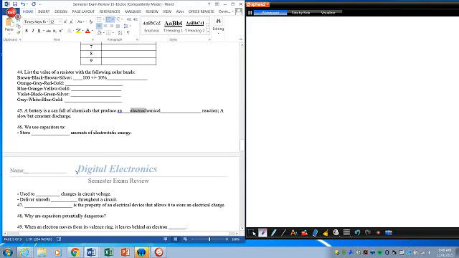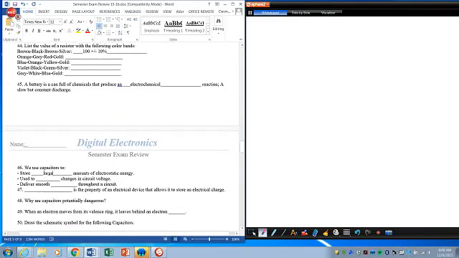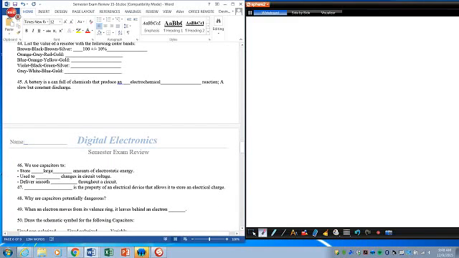Okay, next one, capacitor. We use capacitors to store large amount of electrostatic energy used to prevent or reduce changes in circuit voltage, deliver smooth voltage through a circuit.